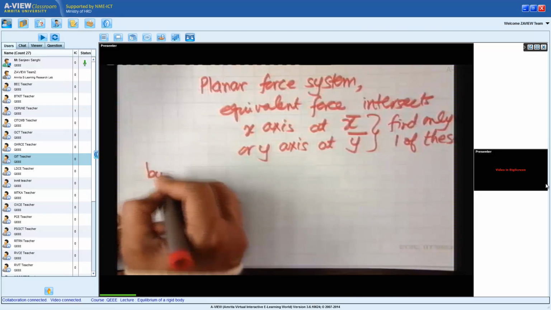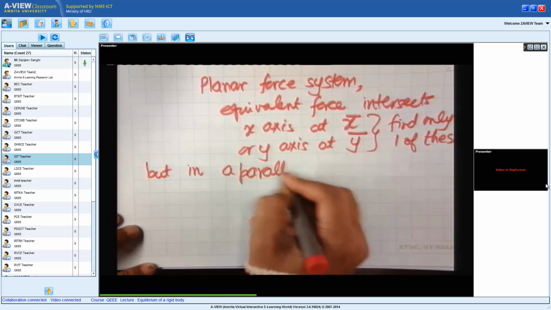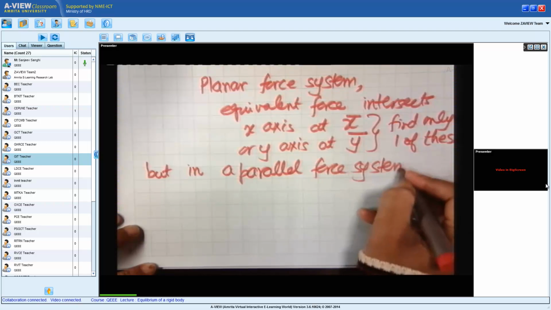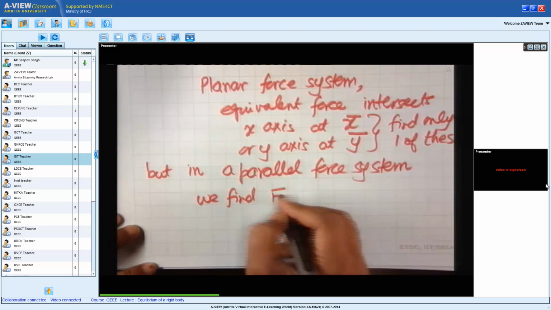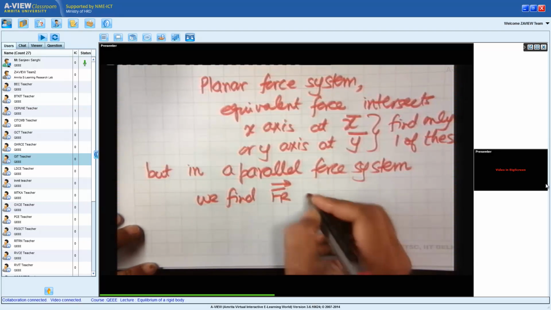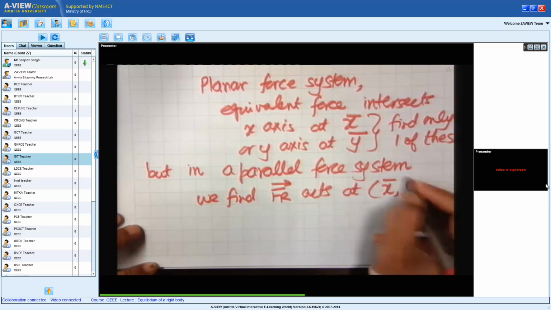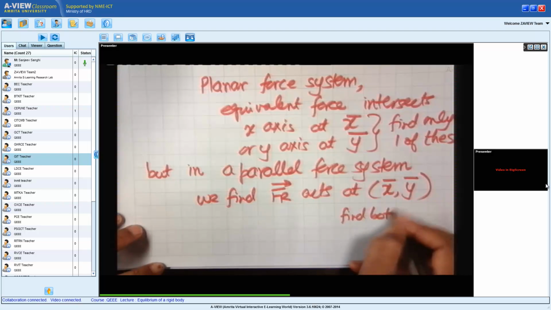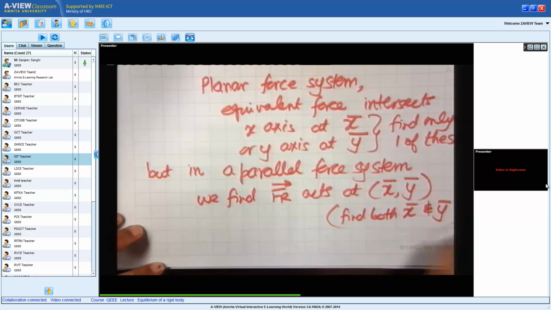But in a parallel force system, we find Fr, which acts at x bar comma y bar, and now we have to find both x bar and y bar.